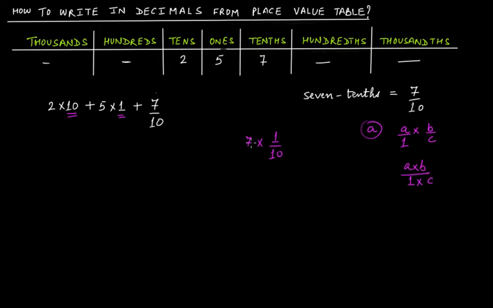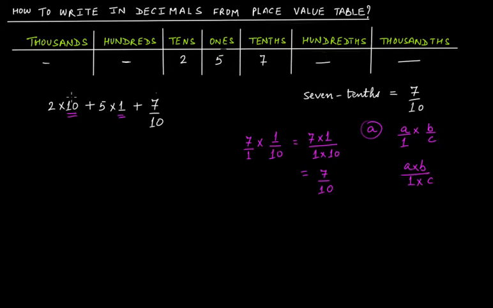So in this case, 7 times 1 over 10 can be written as 7 over 1 times 1 over 10, and you will get 7 over 10. That's simply what we wrote here.